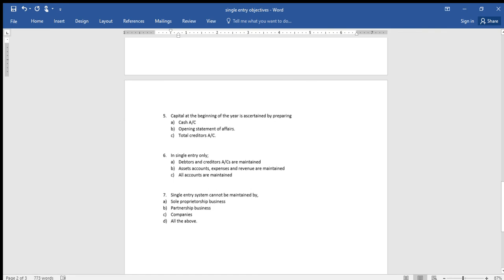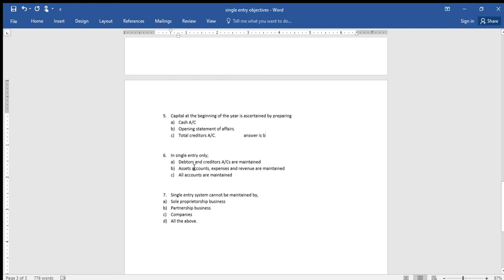Then question 5. Capital at the beginning of the year is ascertained by preparing the opening statement of affairs. So the answer is B. Then question 6.